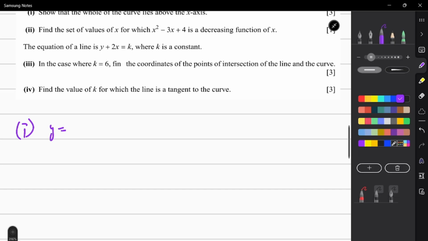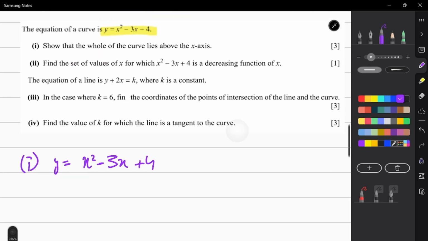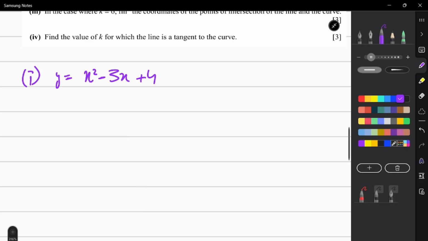So we have the equation here, x squared minus 3x plus 4. And yeah, so let's figure out the discriminant. b squared minus 4ac less than 0. a equals 1, b equals minus 3, c equals 4.